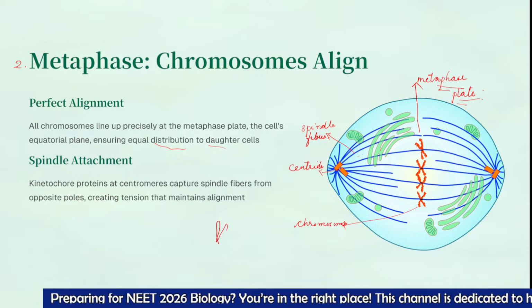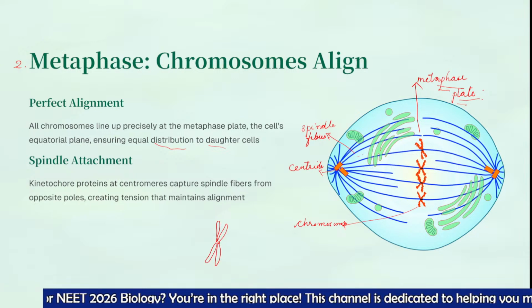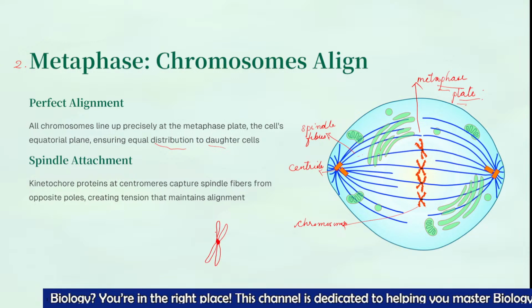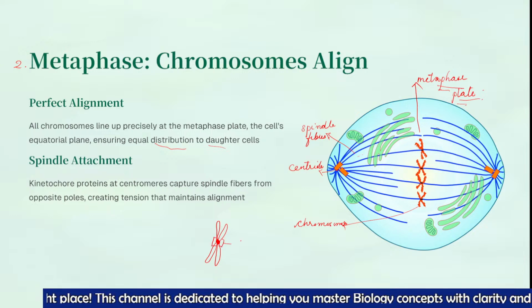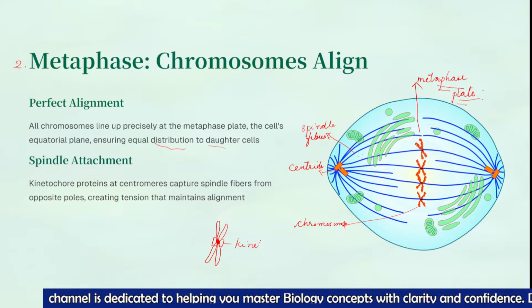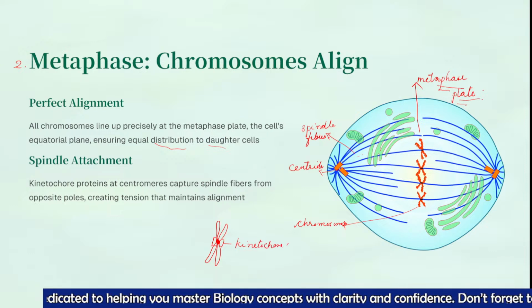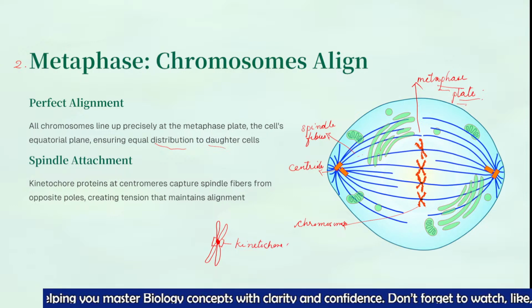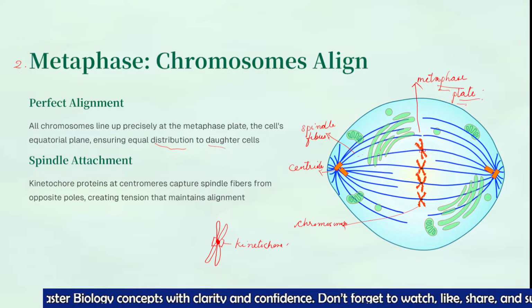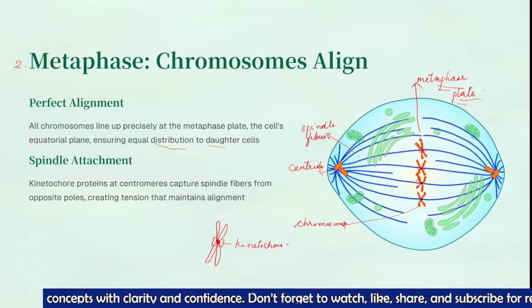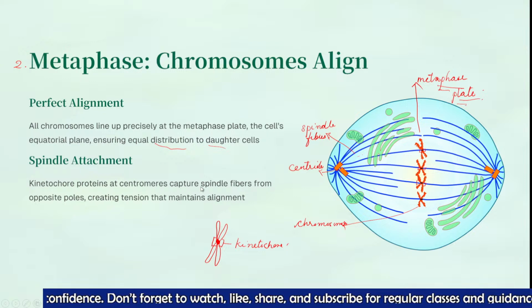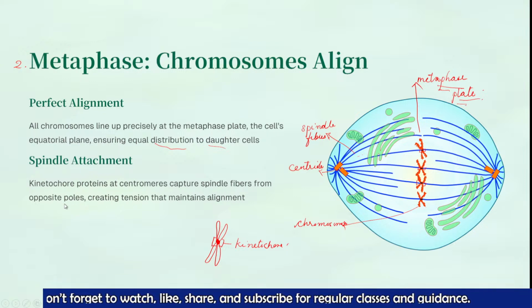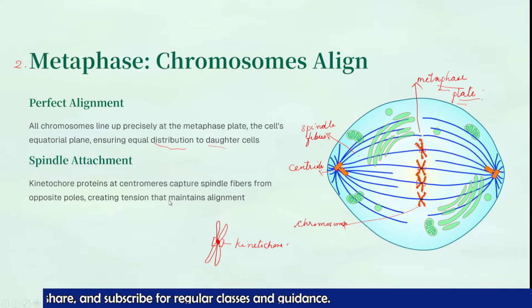We know that the chromosomes are attached at the center by the centromere. Next to the centromere, there is a protein structure called a kinetochore. The spindle fibers attach to the kinetochore. So the kinetochore protein at the centromere captures the spindle fibers from the opposite pole, creating the tension that maintains this alignment.